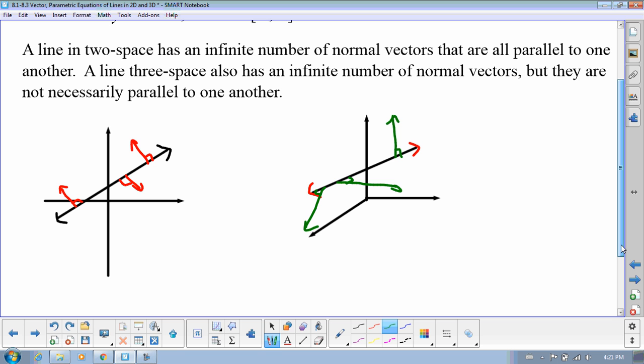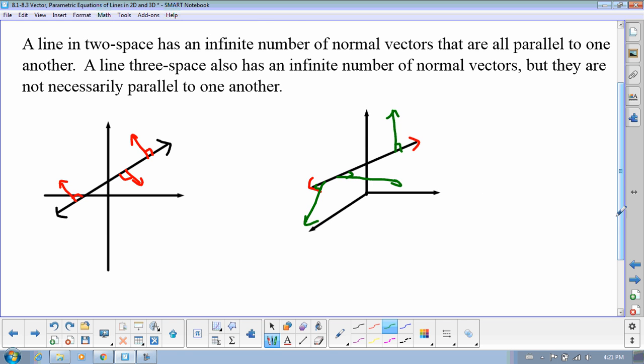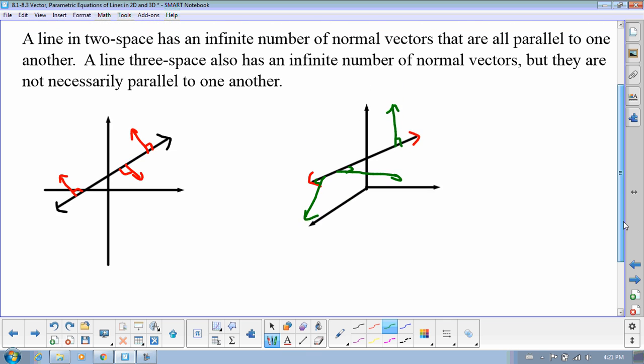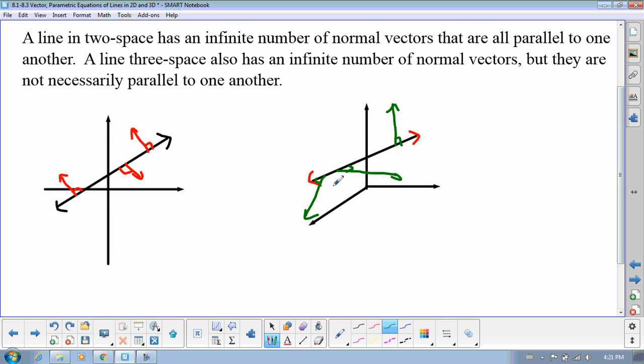So there's not an infinite number for the 3 space line in terms of the same vector. They're all different vectors, okay? Whereas in 2 space, they're all the same vector, whereas in 3 space, they're not the same vector.